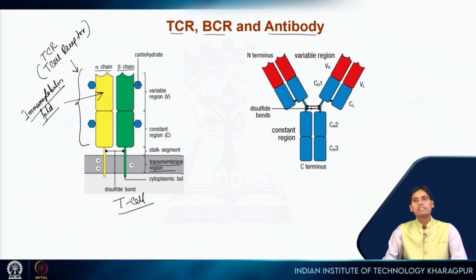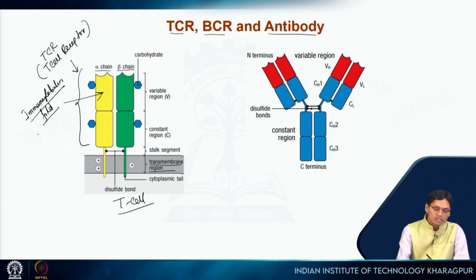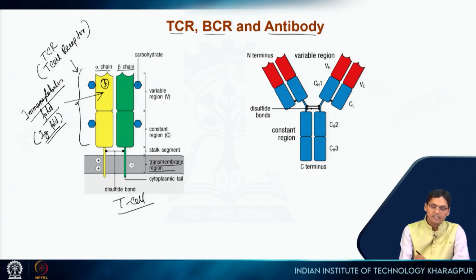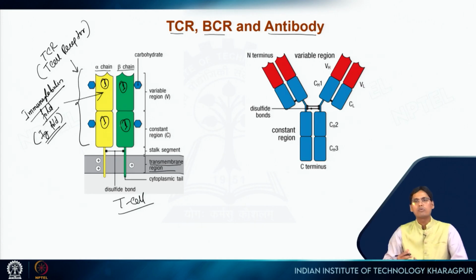Since the same fold is also present in antibody, this overall structural motif, we mention as immunoglobulin fold or simply Ig fold. So if you see, we have one Ig fold here, another here, here and here. So all are Ig folds. They have some kind of structural similarity.